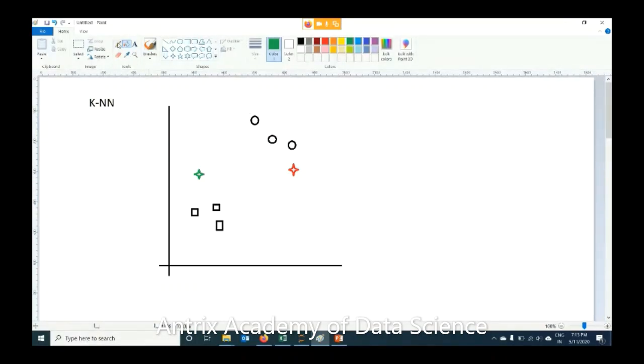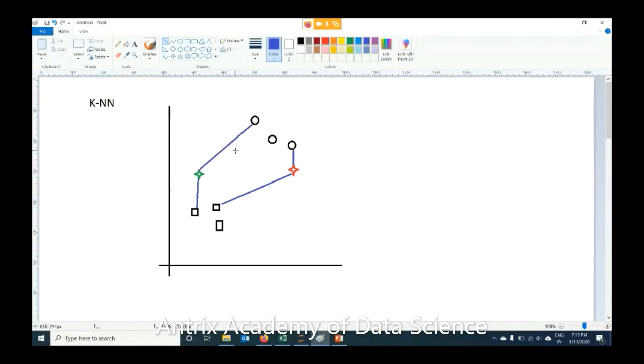So for that purpose, we are having some calculations. We are getting the distance of your red icon with all the points available on the graph. Similarly, we'll have this green icon, with distance to be calculated with all available icons.